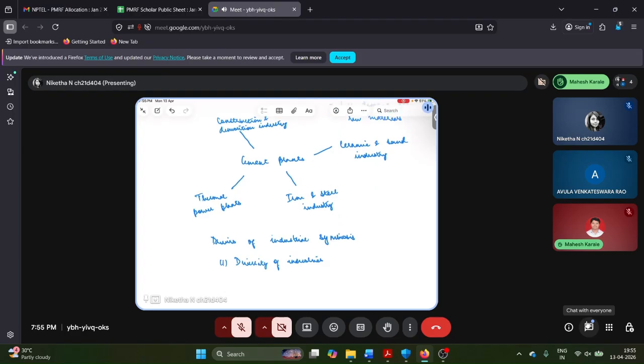So, if there is some diversity like this, then it becomes possible that the waste from one industry goes to another industry as a raw material. But if all of them were connected industries, then that is going to be impossible. So, diversification is very, very important.